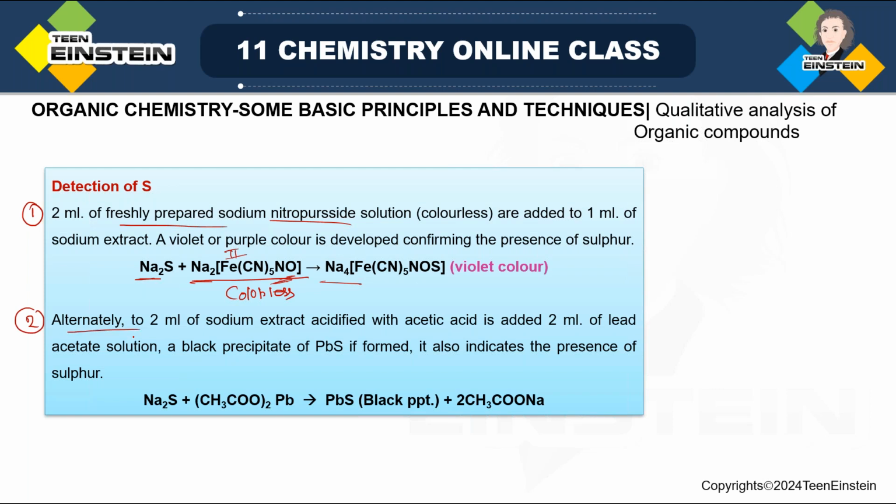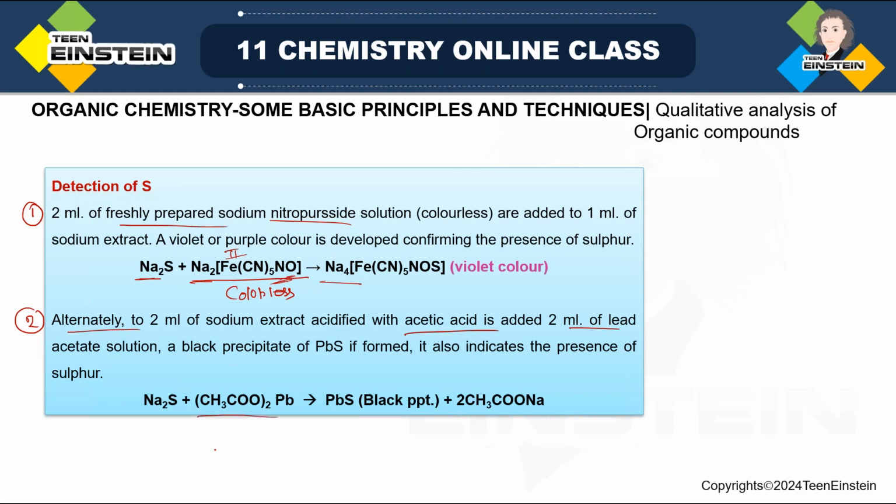This is an alternate test that you can do just to confirm whatever you are seeing, that violet color. 2 ml of sodium extract we will take, and that will be acidified by acetic acid. Then 2 ml of lead acetate solution we will add.